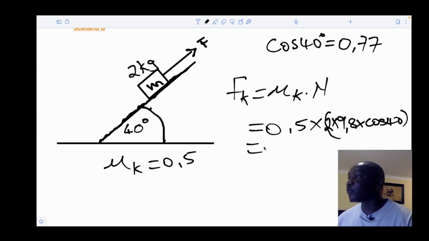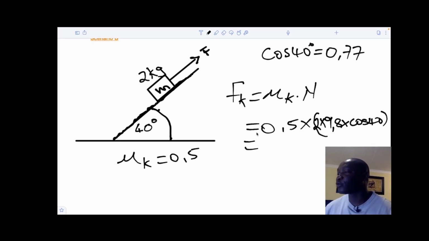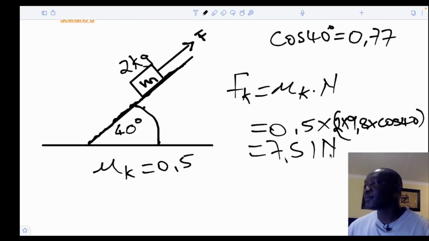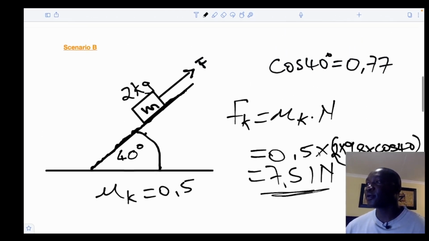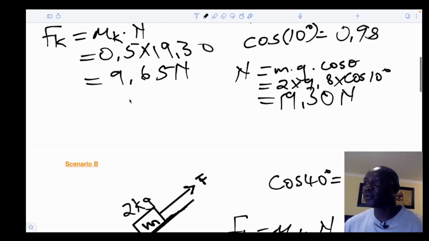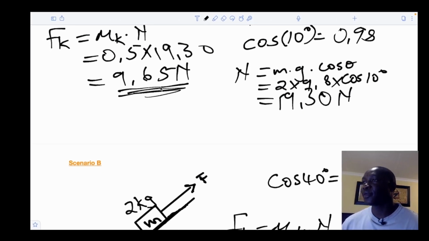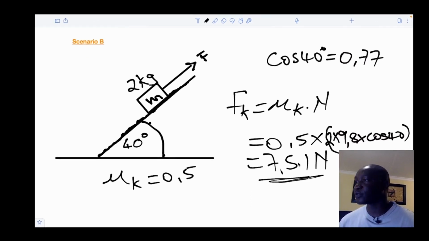This will give you 7.51 newtons if you round off to 2 decimal places. If you compare this value to the calculated value for scenario A, the kinetic friction force in scenario B is reduced.